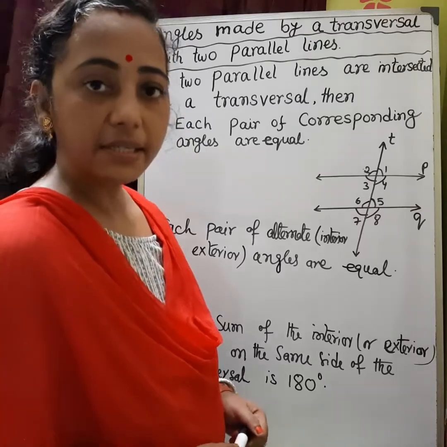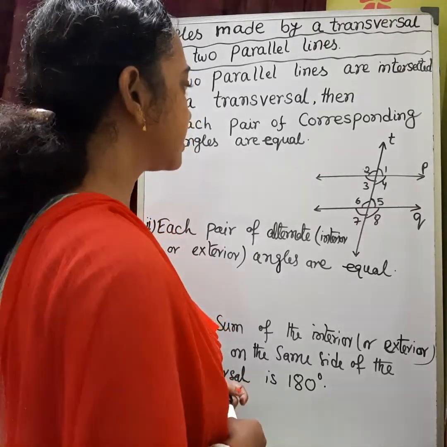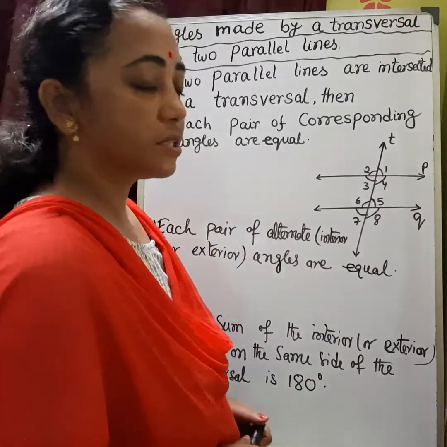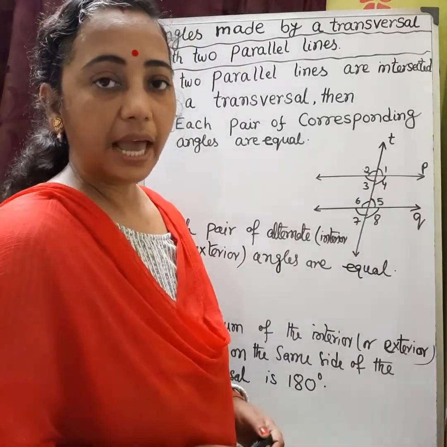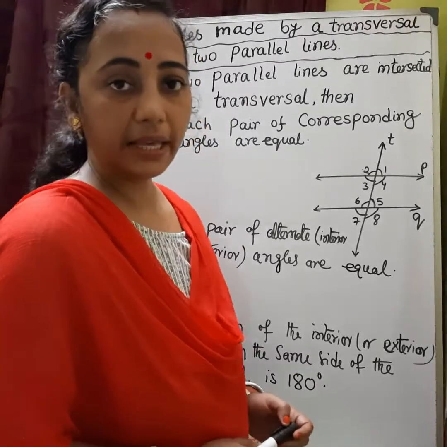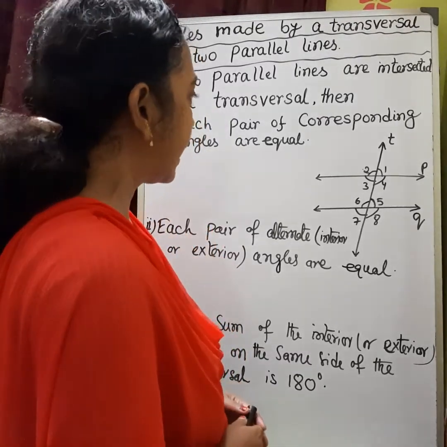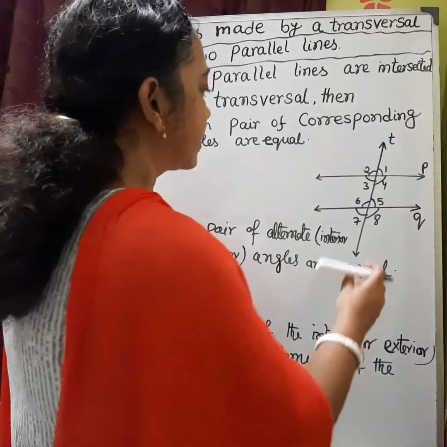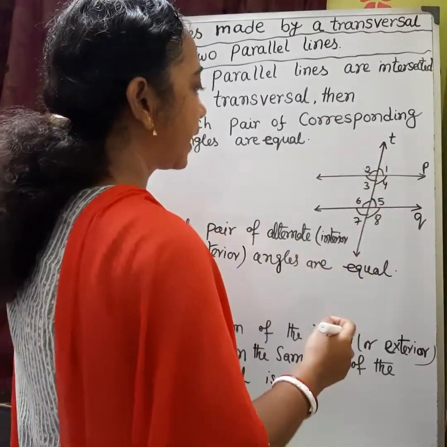Now, if we observe this figure, we can see that the two parallel lines P and Q are intersected by a transversal T. So, at their point of intersection, a total of 8 angles are formed. From the measures of these 8 angles, we can say that each pair of corresponding angles are equal. Now, let us see which are the pairs of corresponding angles here.